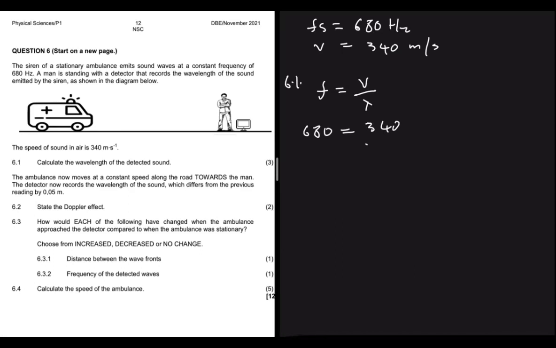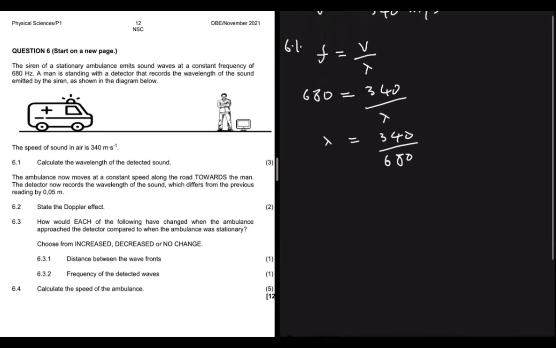So we have 340 divided by what we're interested in, the wavelength. From here, you just cross multiply and we get our wavelength. So wavelength is equal to 340 divided by 680 Hertz. And then 340 divided by 680, that is 0.5 meters. So the wavelength of our detected sound is 0.5 meters.